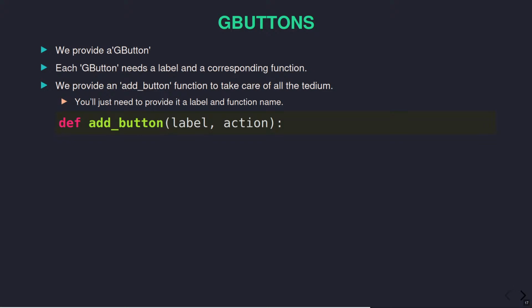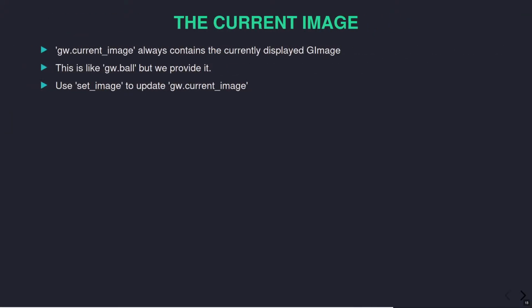Yeah, okay. So each GButton needs a label and a corresponding function. Now, it doesn't need a GLabel. It just needs a string. So the string is going to show up on the GButton. These are basically rectangles with GLabels on them. Okay. We're going to provide an add button function to take care of the tedium. And so all you have to do is provide a label and an action, and that's provided for you.